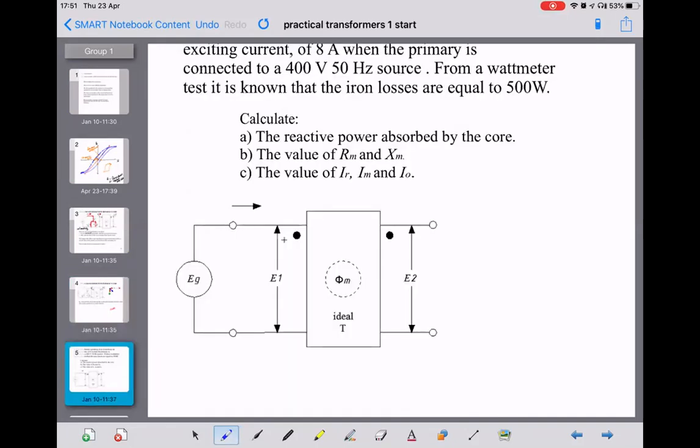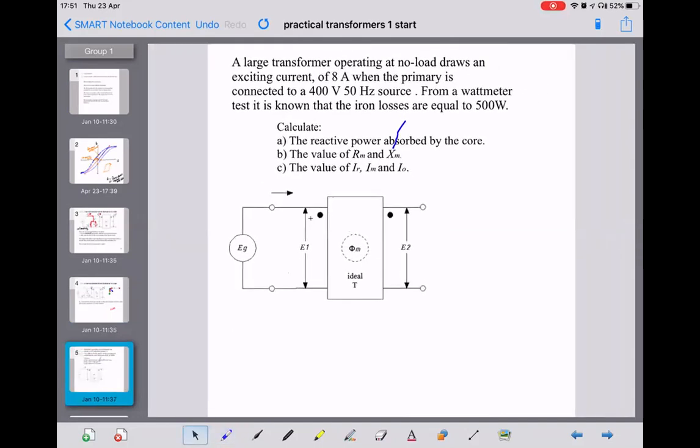So, as we always tend to do, we have a look at a problem. A large transformer at no load draws an exciting current of 8 amps.